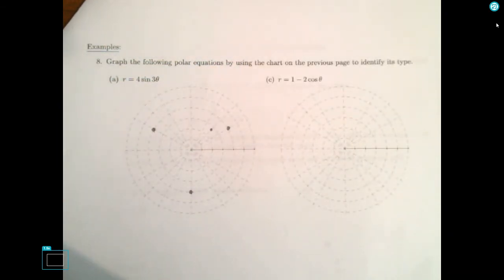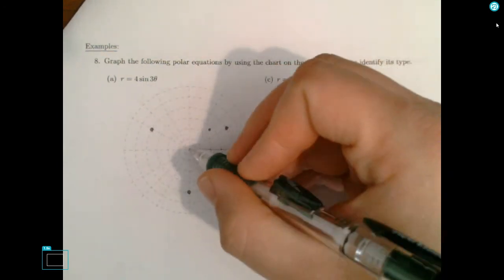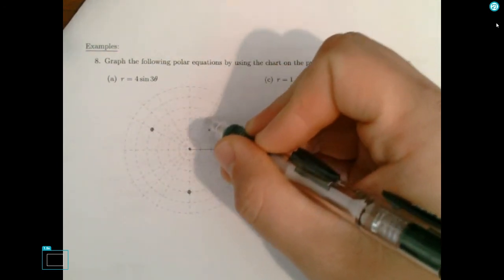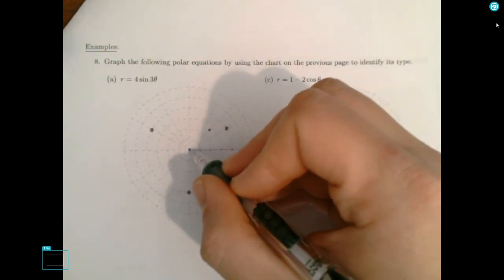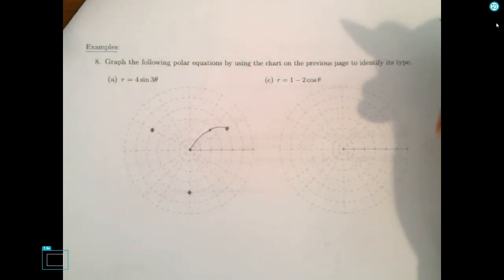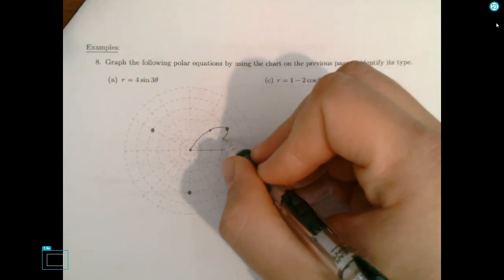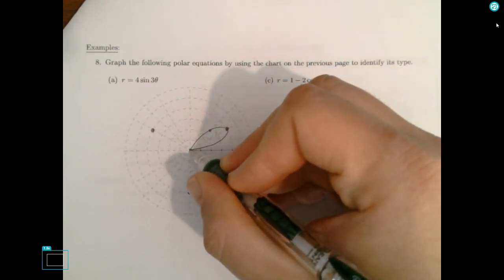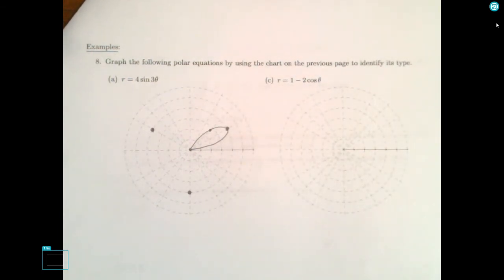And what if I plug in pi over 3? I'm just going to get 0, right? Ooh, okay. So pi over 3 is kind of like the tangent line where this swoops in. So I get the sense that that's how thick the petal is. And of course, this thing is symmetric, right? They're all beautifully symmetric. So that's about how thick I expect the petal to be.